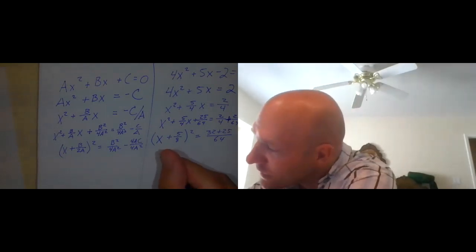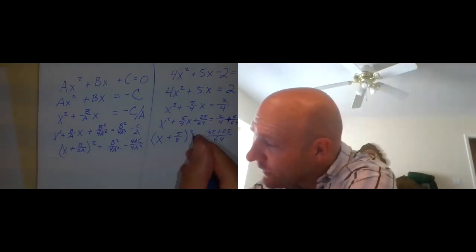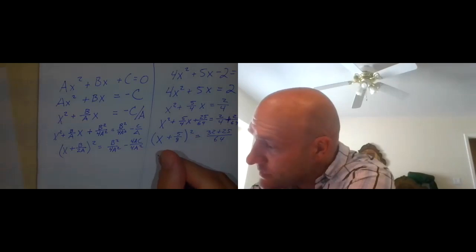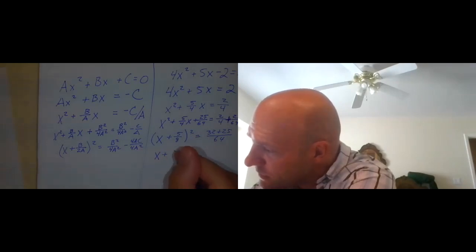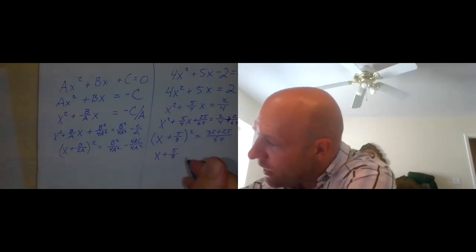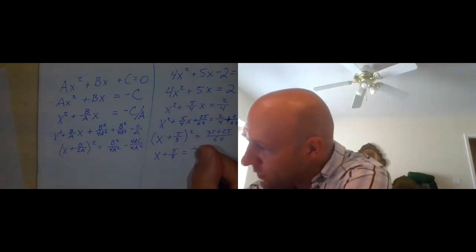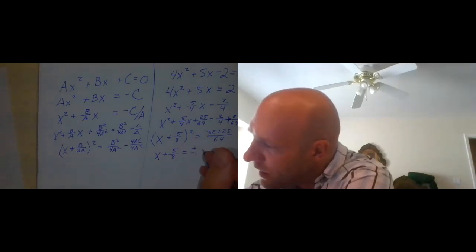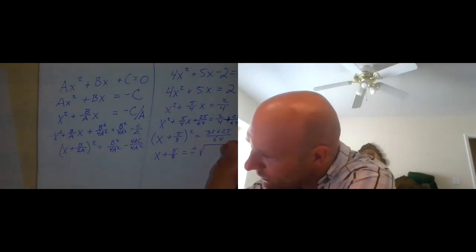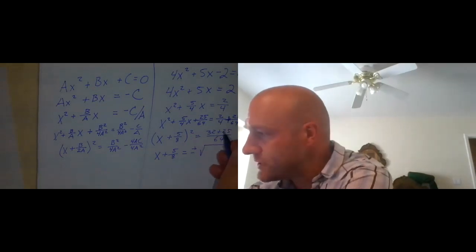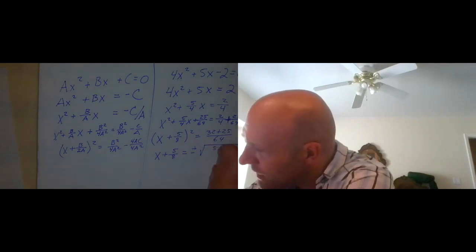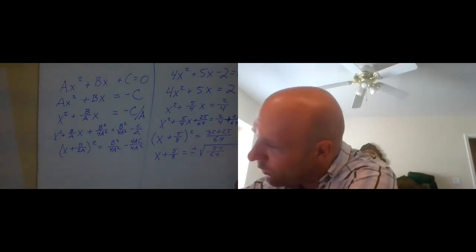Okay, so I'm going to take the square root of both sides, remembering, of course, when I do, to add a plus or minus over here. And that is plus or minus the square root of this whole thing. 32 plus 25, that sounds like 57 to me. 57 over 64.